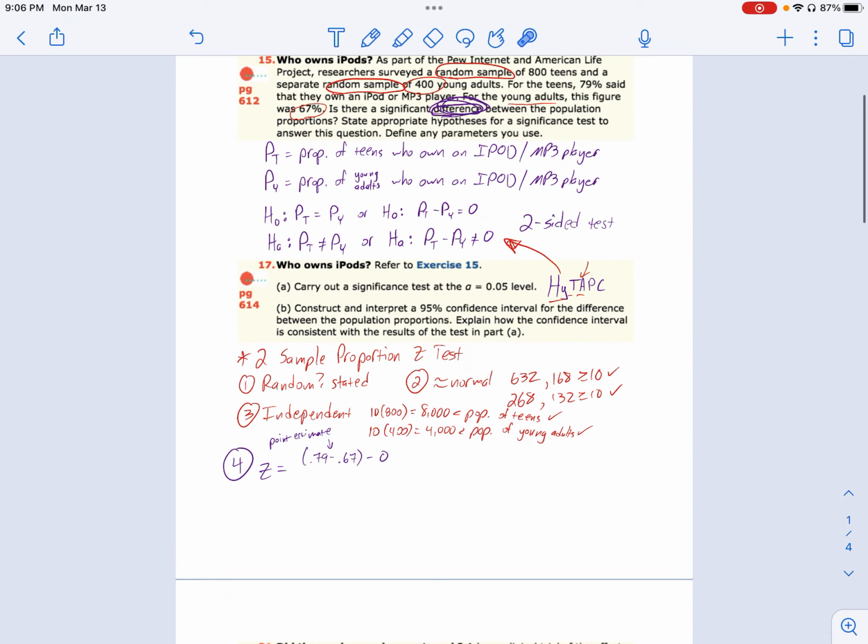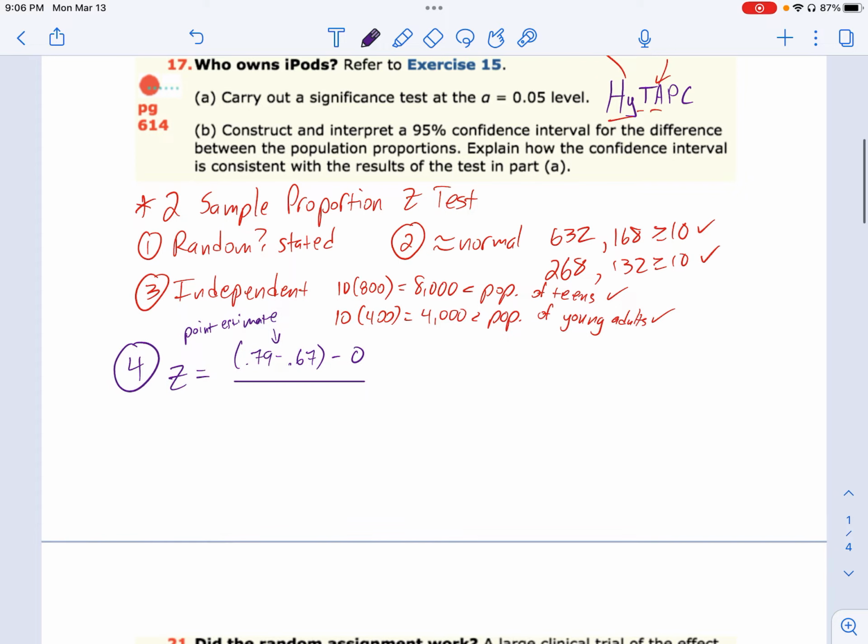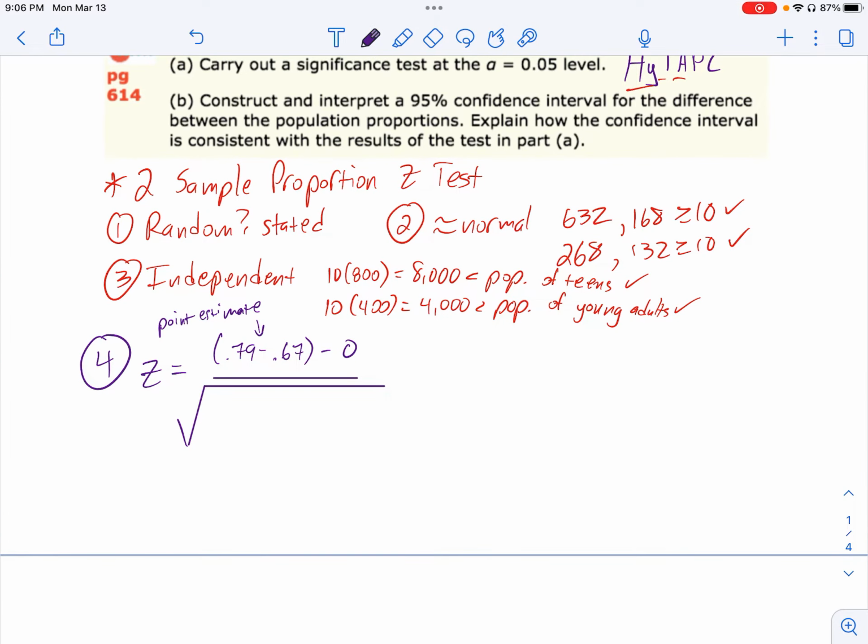That 0 is the null. So we believe the difference is going to be 0. And then I divide by, here's the crazy part, that big square root formula, where you have to do essentially the standard deviation for the teenagers plus the standard deviation for the young adults.